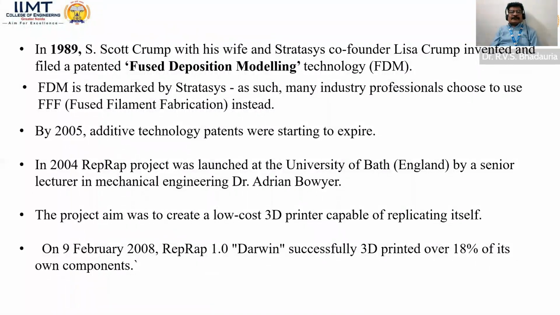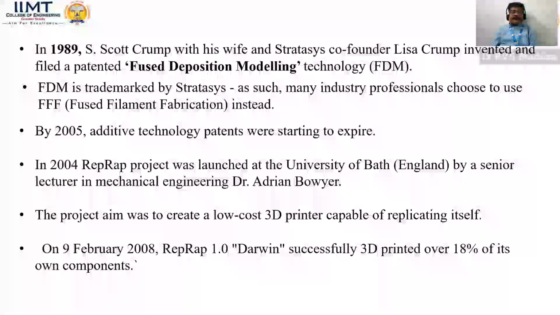This is fused deposition modeling, trademarked by Stratasys. As such, many industry professionals used another name, fused filament fabrication. Actually, FDM and FFF are the same technology, but with a different name. Some industry used the other name, FFF.